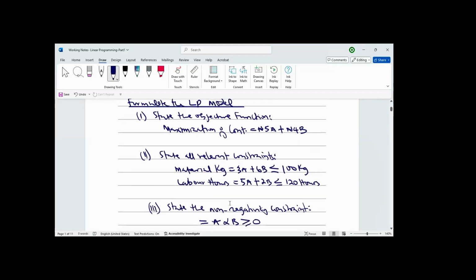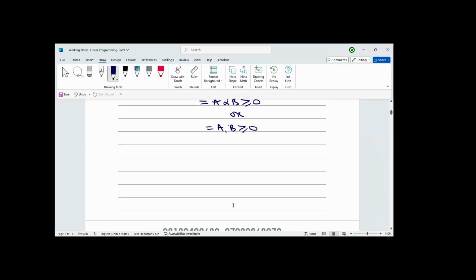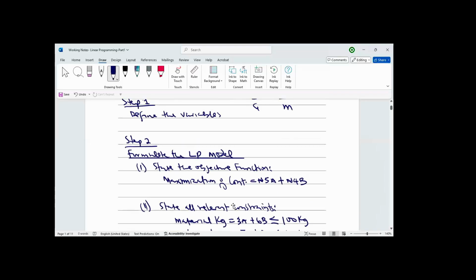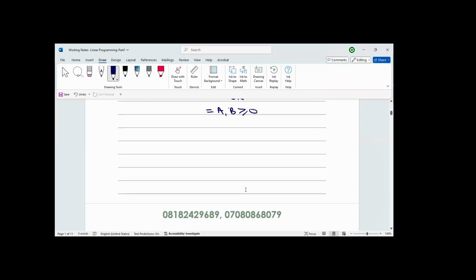All right. So this is how to formulate a linear programming model. If I want to put it in the right perspective, I can bring everything together in a table. On the day of your exam, this is how you will do it.